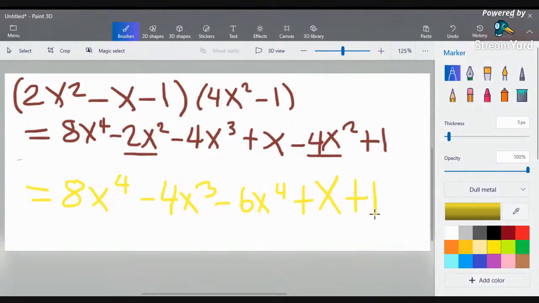Okay, that will be the answer for f times g of x.